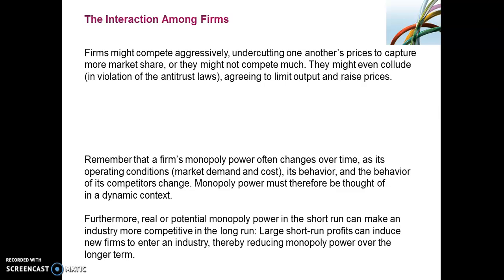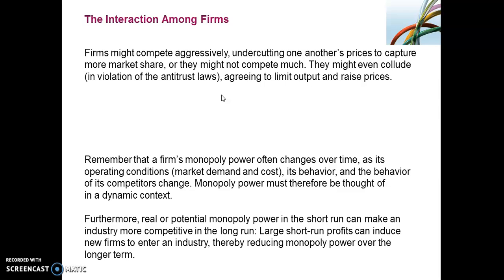Now, a few things to remember here is that a firm's monopoly power is something that is dynamic. Now, when I say dynamic, it means it can change over time. It's not static. So its operating conditions, the market demand, the cost, its behavior, the competitors' behavior, that all changes. So think about monopoly power as something that is dynamic and often changes over time.